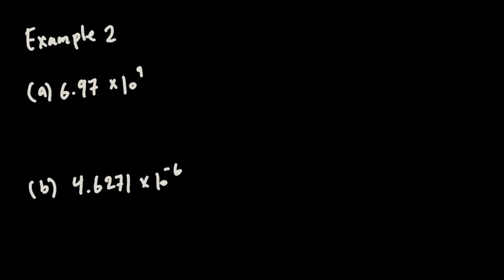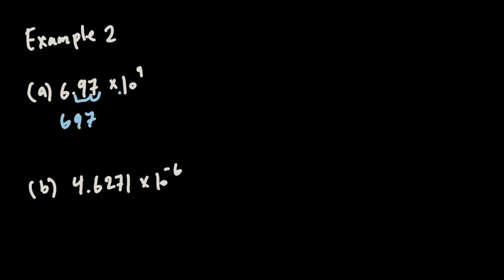Let's see example number 2. Here we have numbers and we want to convert them from scientific notation to a normal number. Here we have 697. Notice that I have removed this decimal place and put it here. So I've moved 2 decimal places.